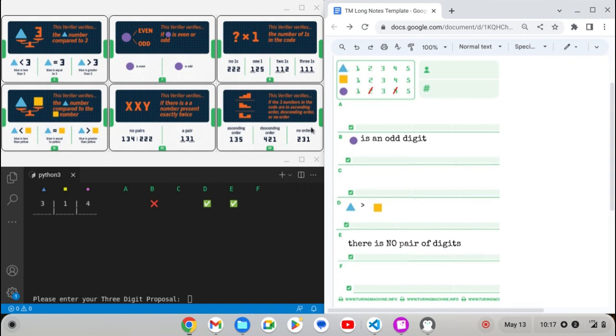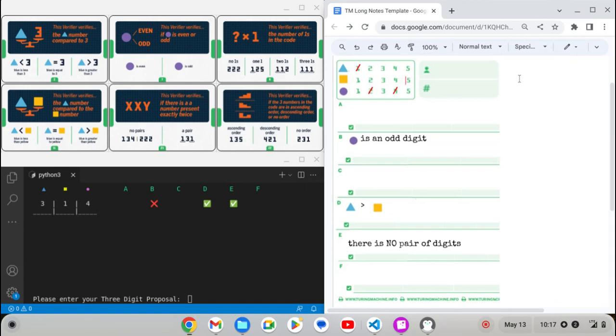So what can we say about that? Can we eliminate any possibilities? Well, if triangle is to be greater than square, then triangle can't be 1. It's impossible for triangle to be 1 and square be even smaller. On the flip side, we can also say that square can't be 5, right?